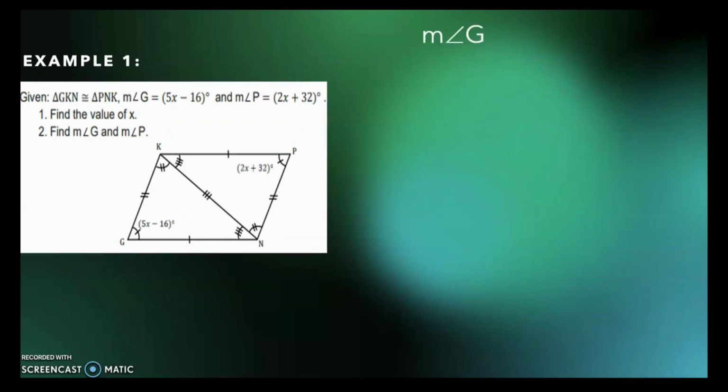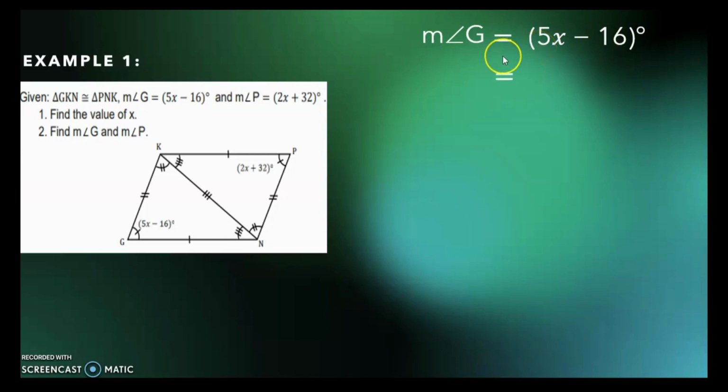Now we are ready to find the measure of angle G, since we already have the value of x, which is 16 degrees. We copy the measure of angle G equals the quantity of 5x minus 16 degrees.